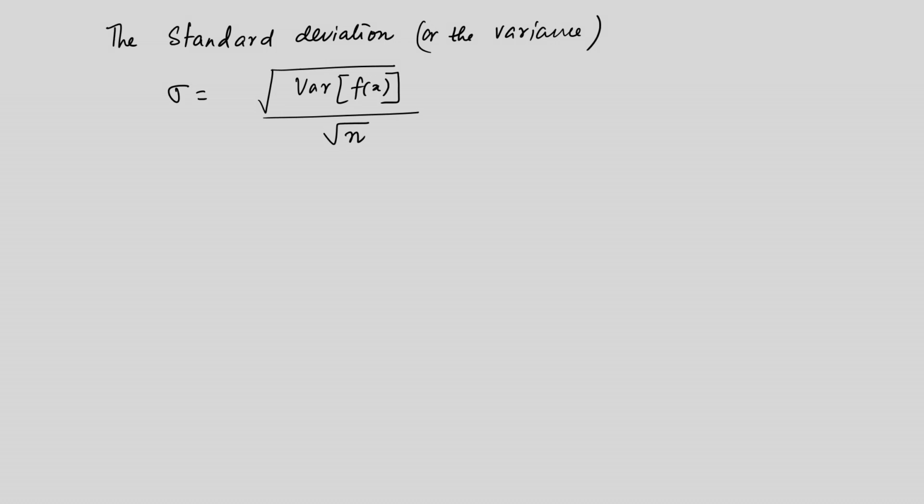And of course, as we have said earlier, our sole idea is to reduce the variance, and if we reduce the variance, then we get more and more accurate values. And for that, two things can be done. Either we increase the denominator, in which sigma gets decreased. Increasing the denominator means increasing the number of sample points.